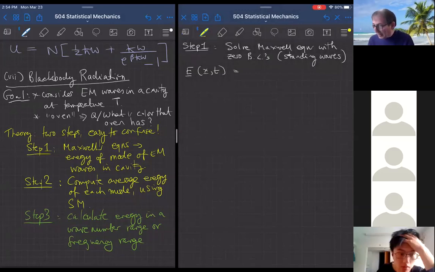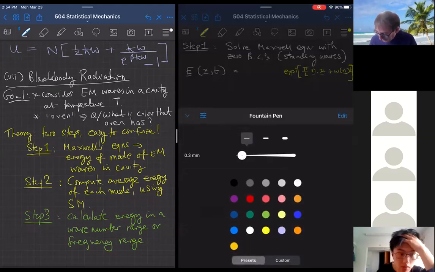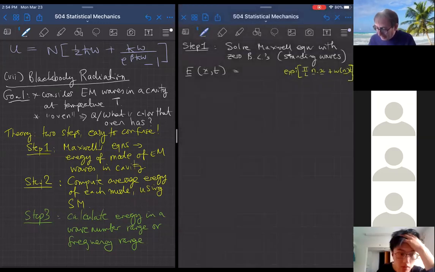So the wave is going to go like the exponential of i times (pi over L, a mode number n, dot x, that's like k, minus the frequency omega as a function of n times t). So that's that, and then the mode is going to be multiplied by its amplitude.